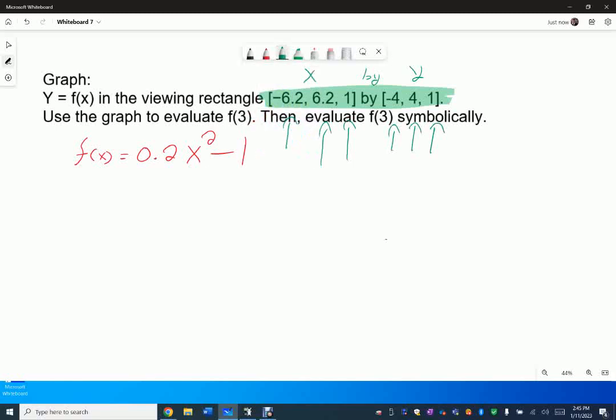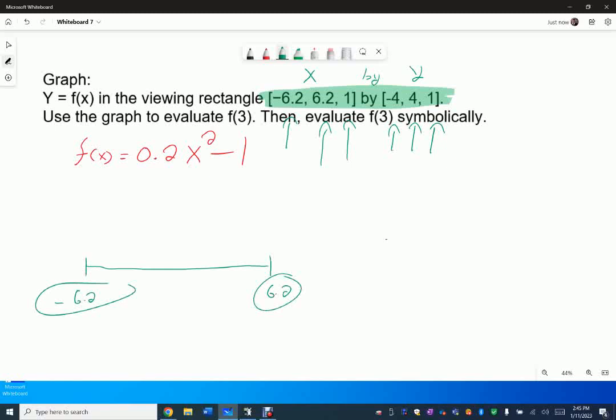So when we talk about that x min, max, and scale, oh, it's too big. Let's do this smaller. Sorry. It should look something like this, where my x minimum value is negative 6.2, and it actually wouldn't be labeled. The calculator is not going to show you that value.